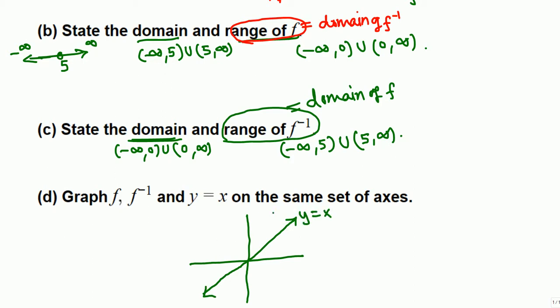So if you have the graph here, then f inverse should be here. So the graphs of f and f inverse are symmetrical with respect to this line. Just use your graphing calculator, graph f and f inverse, and they will be mirror images or symmetrical with respect to this line.